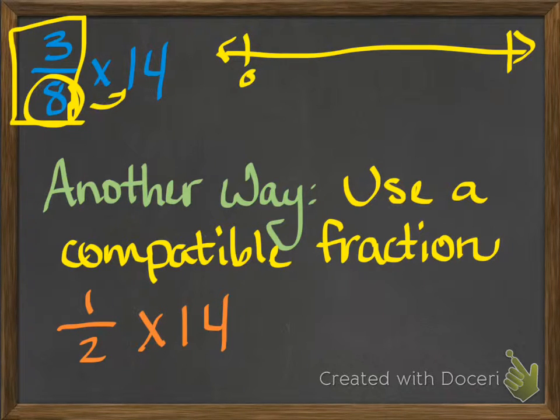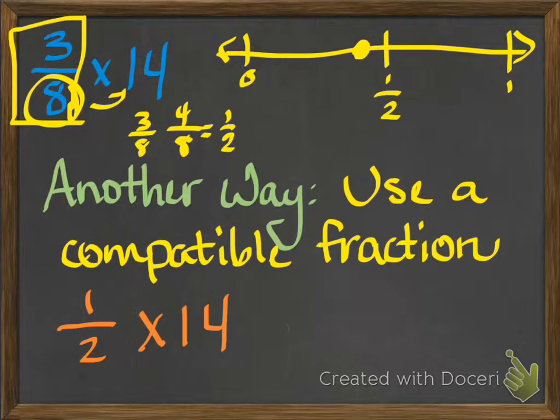Got 0 and 1, and here's 1/2, our benchmark fractions. Where would 3/8 be on the number line? Well, I know that 4/8 equals a half. So 3/8 is not quite a half, so it's going to be right about here. Which number would that be closest to? It's going to be close to 1/2. So I've changed my fraction from 3/8 to 1/2.